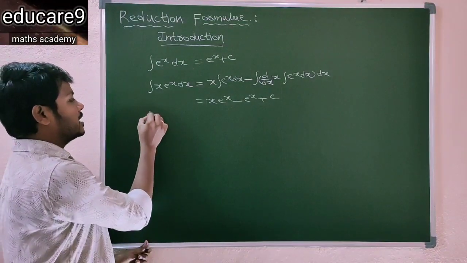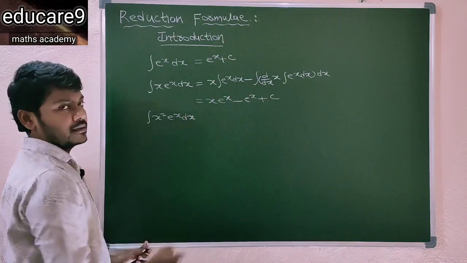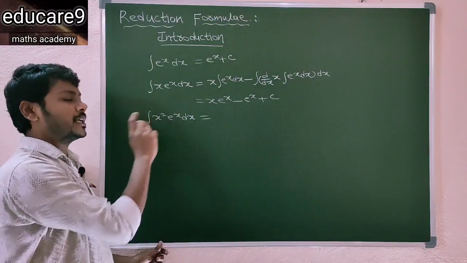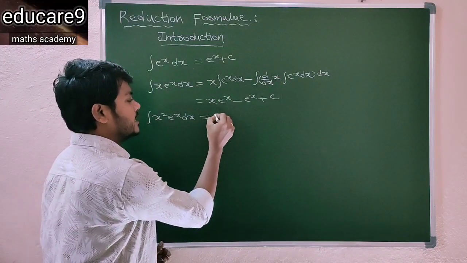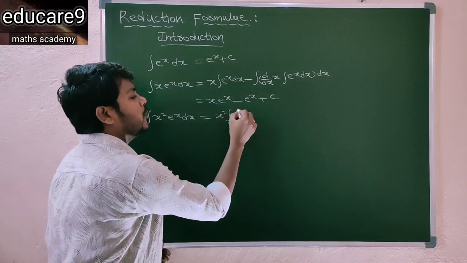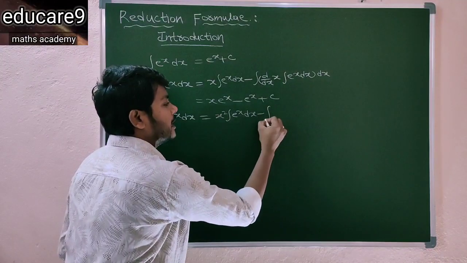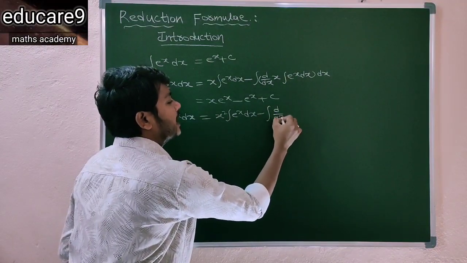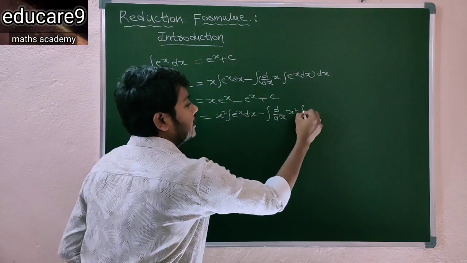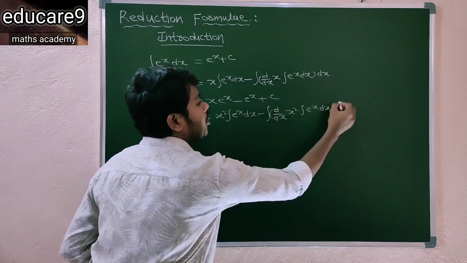Now see here, for example, x square e power x dx. Again, x square is the first function, e power x is the second function. So this is x square into integration of e power x dx minus integration of d by dx of the first function, x square, into integration of e power x dx, whole dx.